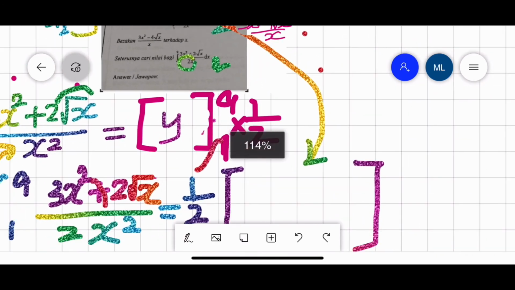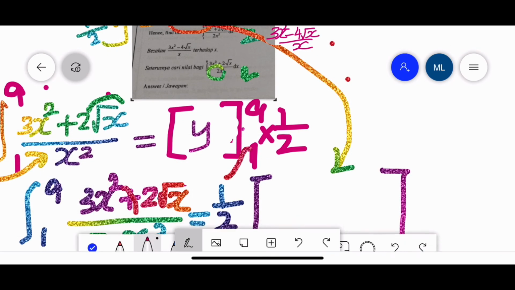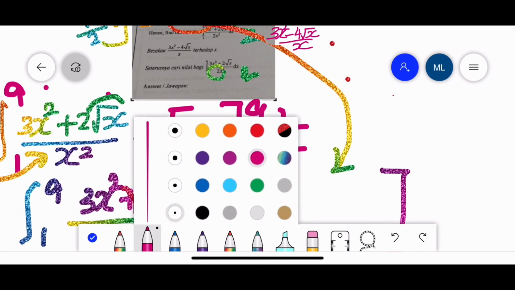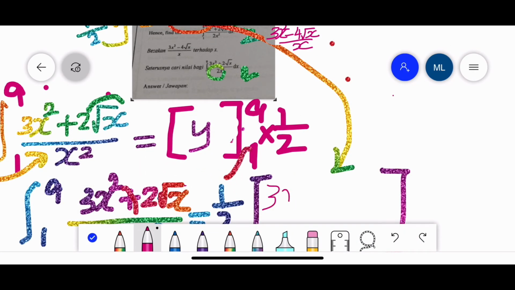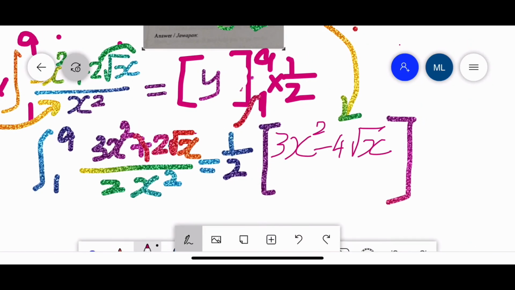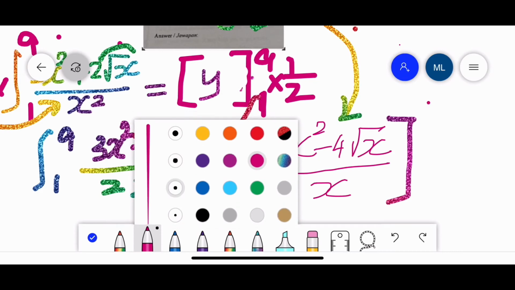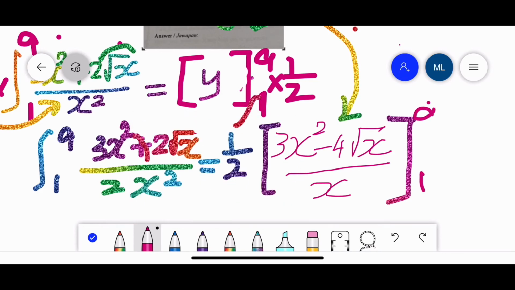So I'm copying the y again for you: 3x squared minus 4 square root of x over x. Now let's copy down carefully and then we will substitute the limit carefully. Don't change the y. So the limit is from 1 to 9.